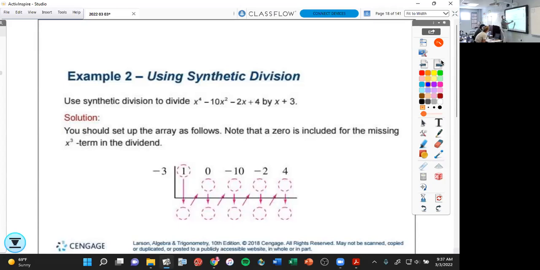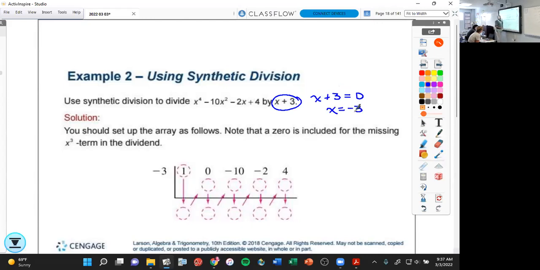Step number 1, take what you're dividing by. Set it equal to 0. Get x by itself. What's x? Negative 3. I'm going to erase this. I don't like how they do it.